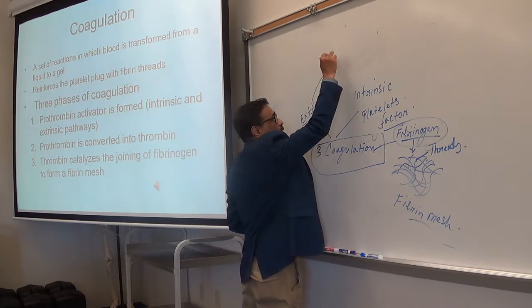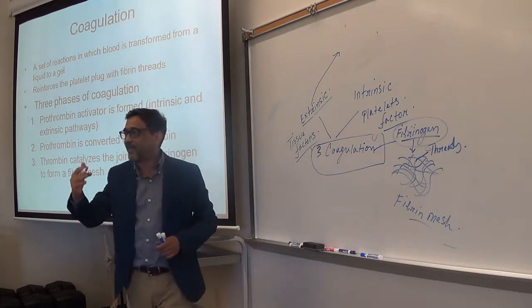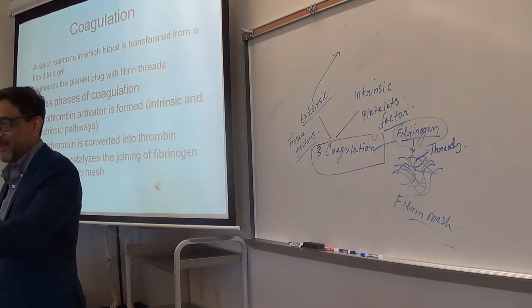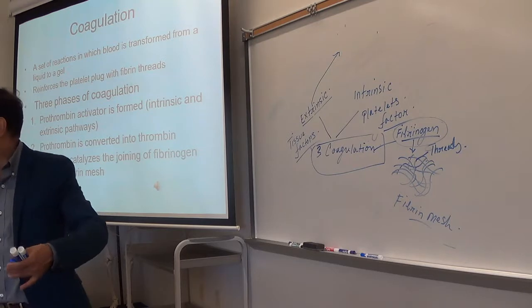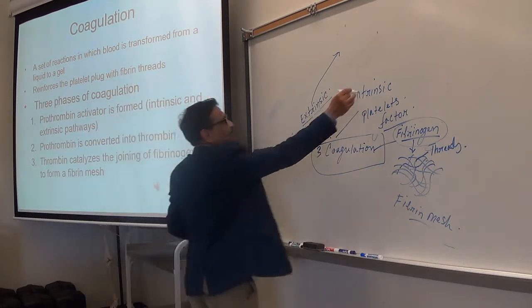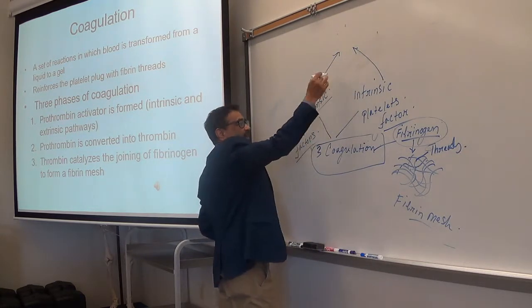the extrinsic pathway will go through a number of reactions. We say a cascade of reactions. One reaction will stimulate the next one. The product of one reaction will stimulate the next, and that will stimulate the next. So it is a cascade of reactions, and the reactions are different in extrinsic and intrinsic.